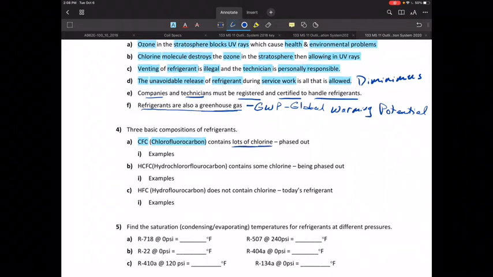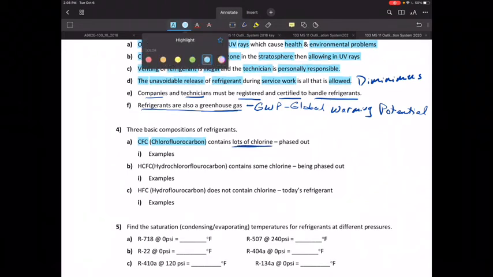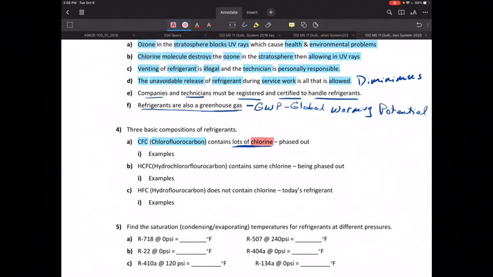This was the big one that was really the problem, so I'm going to highlight chlorine. Chlorine is the big culprit for a lot of the ozone depletion issues. The CFCs by far had the highest concentration of those substances that we had to worry about.